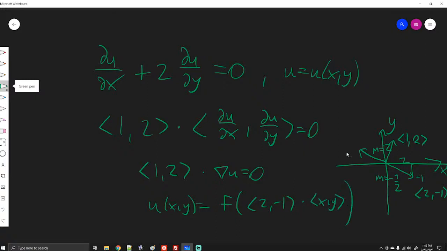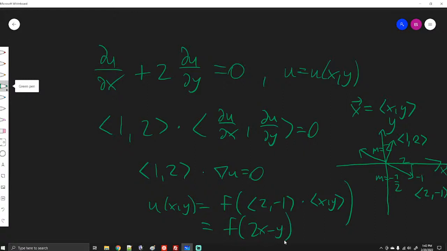Oh, and I should mention that when I said x before, x is a position vector. Because we're working with two variables here, x and y, in this case it's going to be the vector x comma y. So if I do the dot product, I get f of 2x minus y.